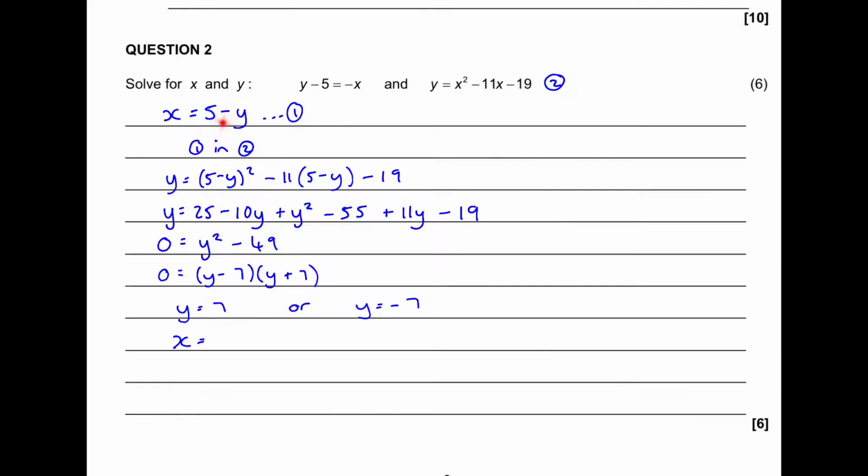So 5 minus 7 is negative 2. So when y is 7, x is negative 2, and then we substitute negative 7 into the same equation. So 5 minus negative 7 becomes 5 plus 7, which is 12. So when y is negative 7, x is equal to positive 12.